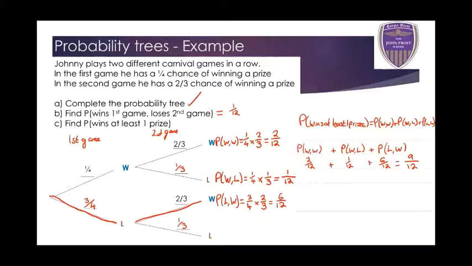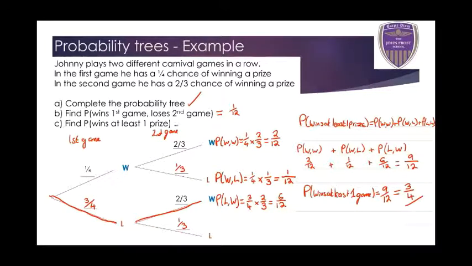Now you can feel free to simplify this, okay? So P of wins at least one game equals 9/12. And you can simplify this now, please do. I'm going to divide them both by 3. So that gives me 3/4.